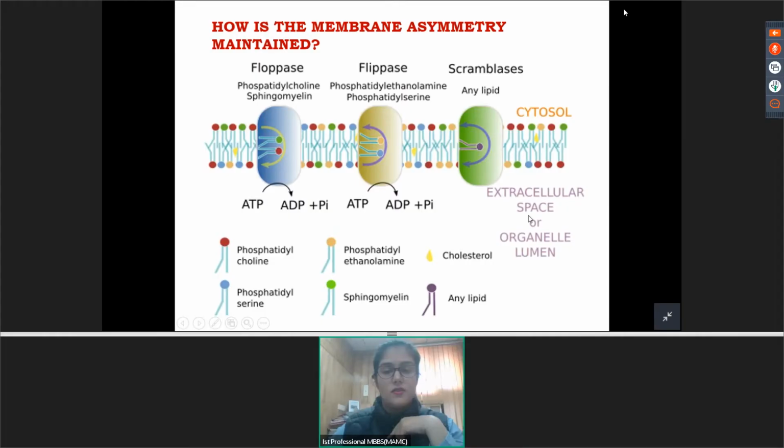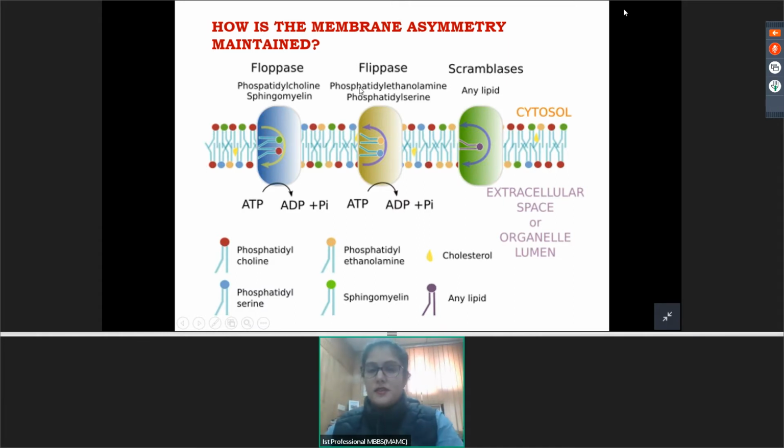This is the extracellular space, and you can see that this is the inner leaflet. This is the outer leaflet, and floppases make sure that whatever phosphatidylcholine or sphingomyelin is present in the inner leaflet is transported to the outer leaflet. And this is an energy consuming process. ATP is needed for this.